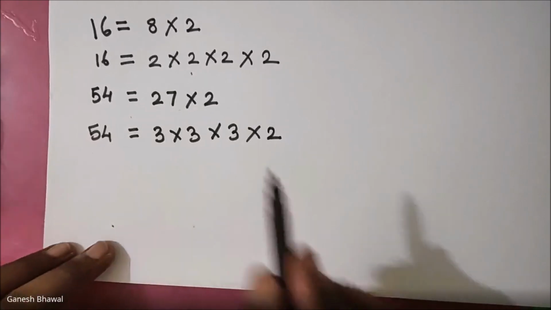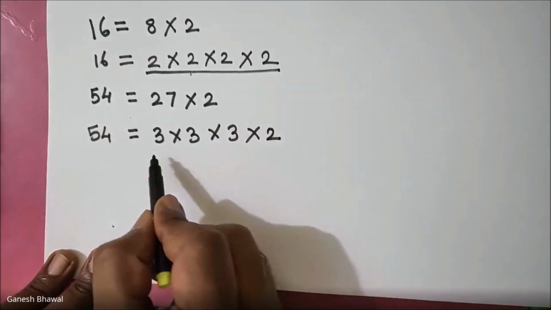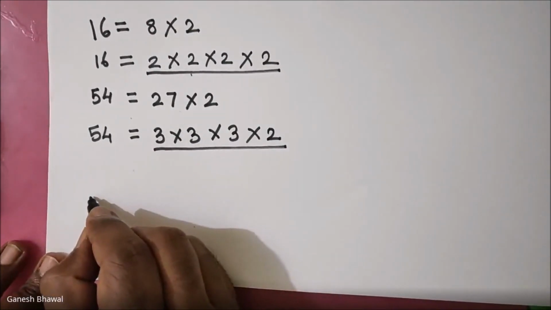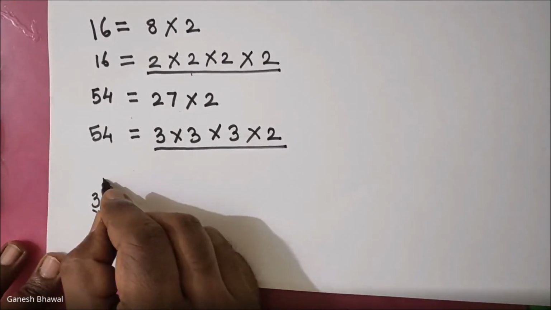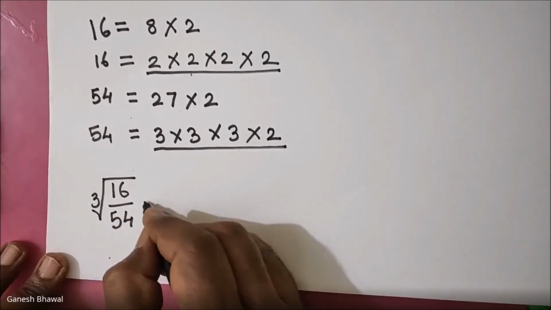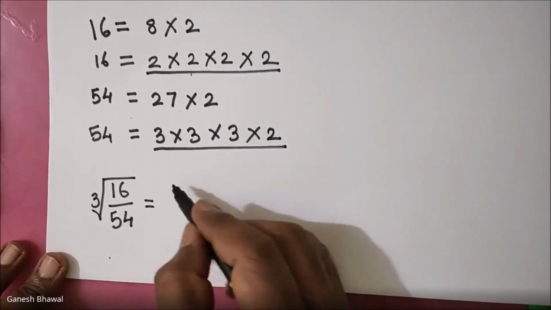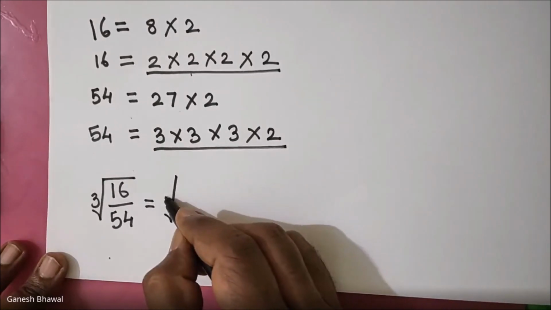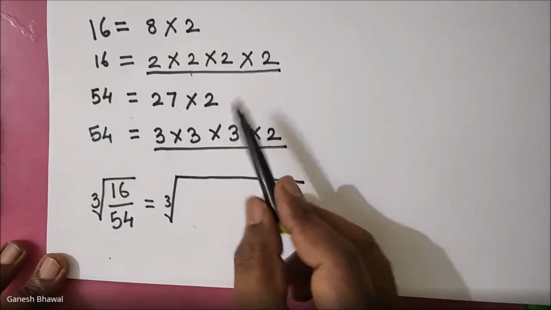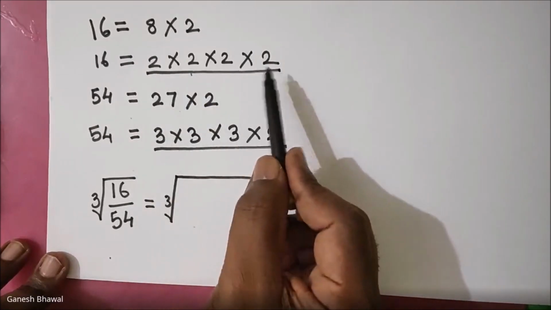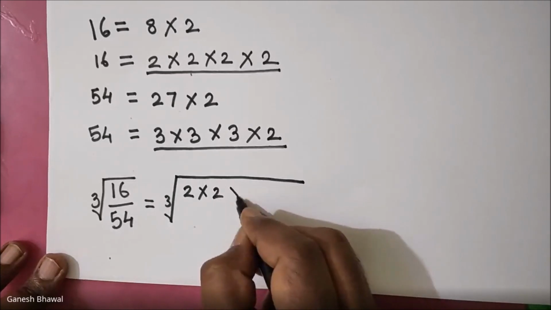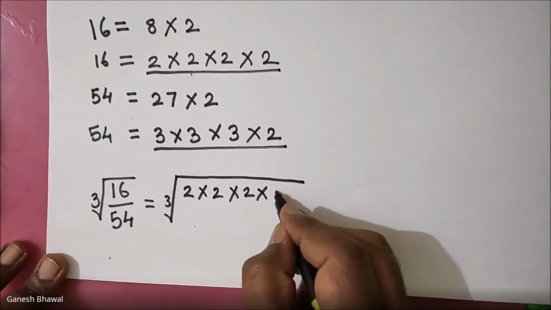Once you have the factors of the numerator and factors of the denominator, take the question down. Under cube root 16 by 54 equals, take again under cube root, factors of 16 are 4 times 2: 2 into 2 into 2 into 2.